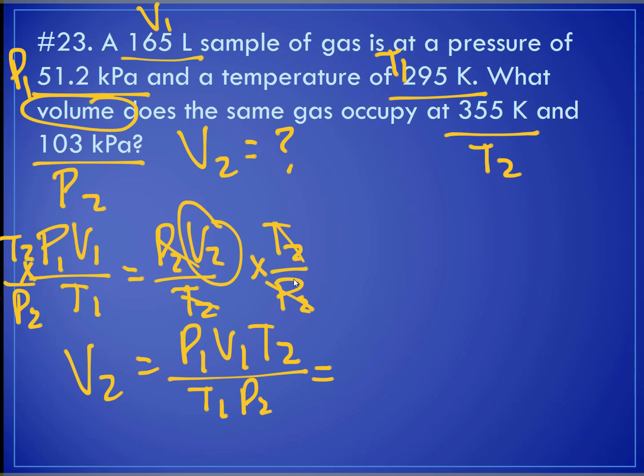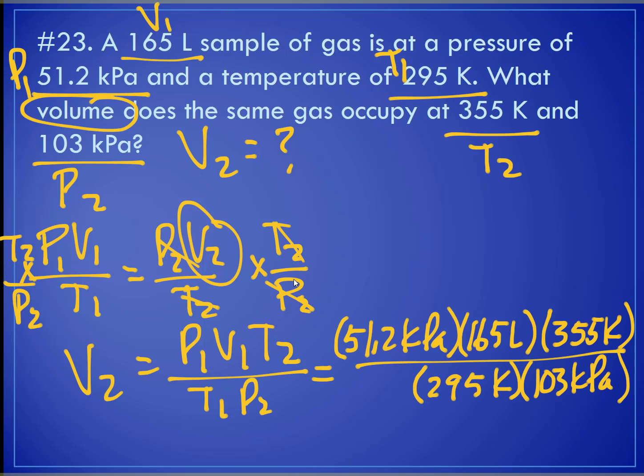And let's plug in each of those values. Cancel our units. So we have kilopascals canceling and our Kelvin canceling. And we're going to end up with liters as our unit for this. And remember those numbers in the denominator, we want to divide them. So for our answer, we get 98.7 liters.